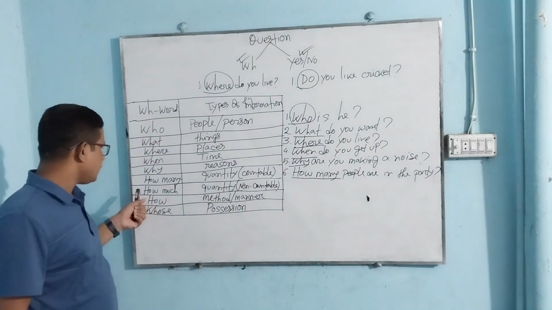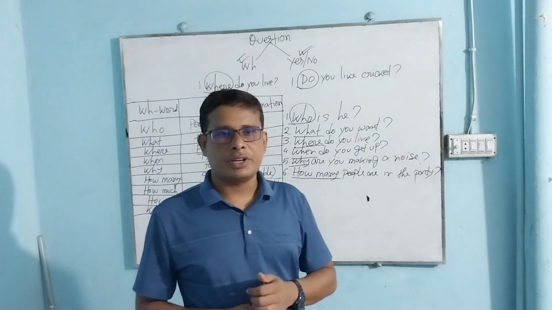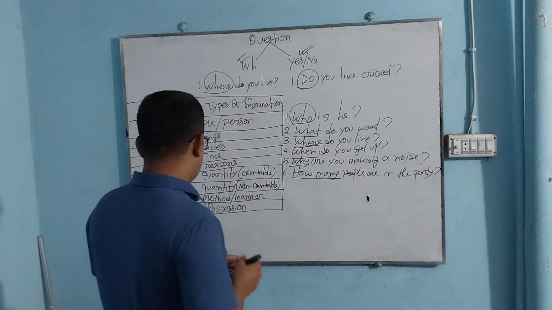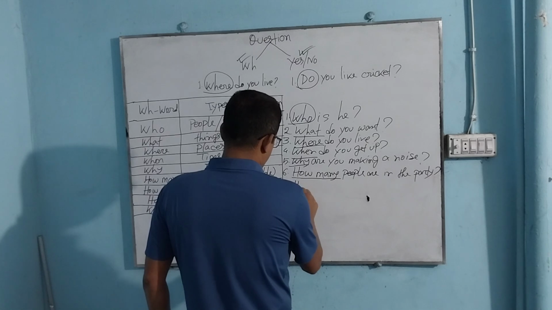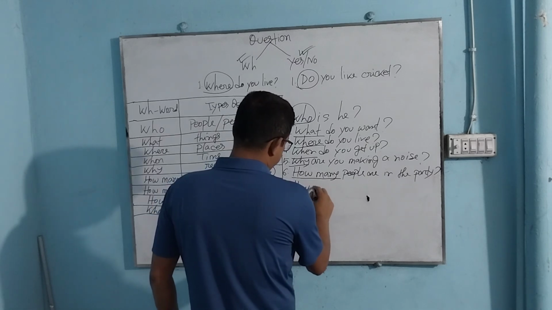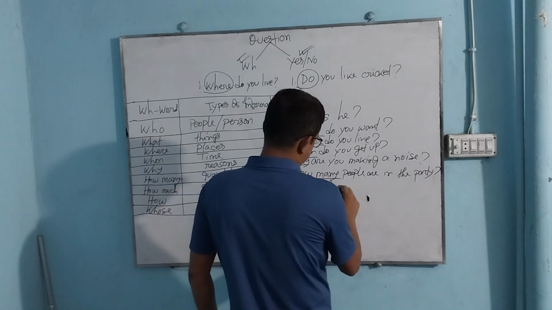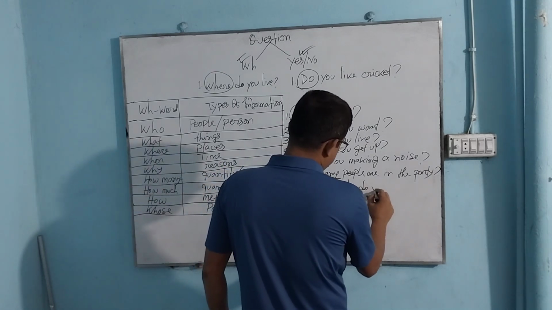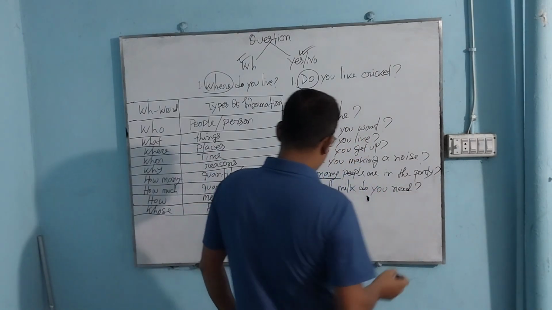Okay. Next, how much. How much also means quantity, but it is uncountable. It is not countable. If we give an example, how much milk do you need?